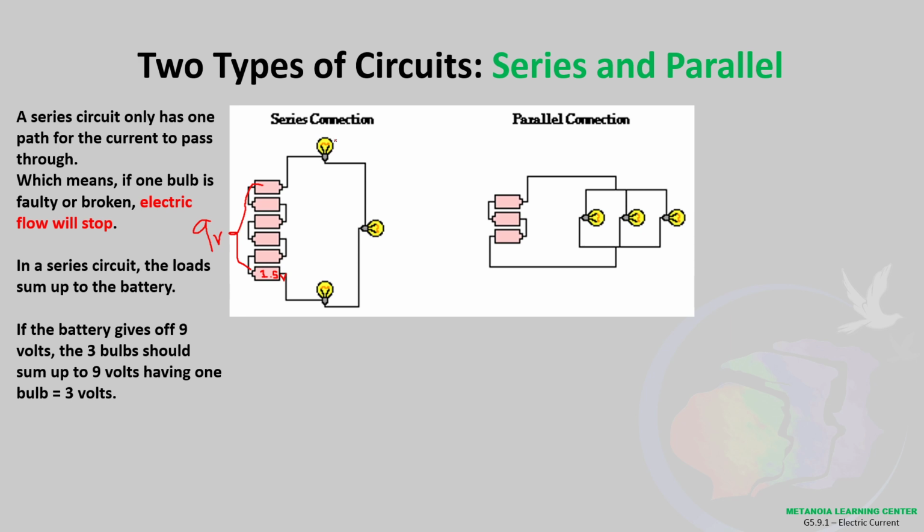Okay, now, for us to be able to have a well-lit environment, we should have these bulbs limited to their capacity, etong tatlo, in which these 3 bulbs should be equivalent to 9 volts when added. So we have 1, 2, 3 bulbs, no?